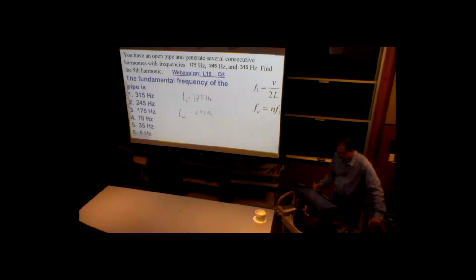We made it translation from text to, well, symbolic representation of what is happening. But for this particular pipe, the equation which relates the nth frequency and the fundamental one is very well known.